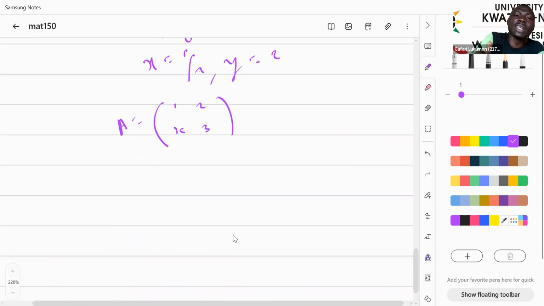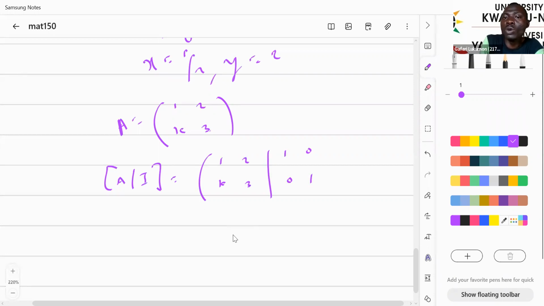One of the ways, when you have [1, 2; k, 3] such that the inverse exists, is to write it as usual next to the identity [1, 0; 0, 1].